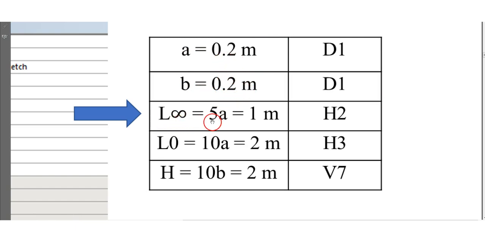Then L infinity is given in the problem as 5A, so in our case it should be 1 meter. LO, which is given as 10A, this time should be 2 meter, and H, which is given in the problem as 10 times B, so for our case it should be 2 meter. So let's create this domain for our case.